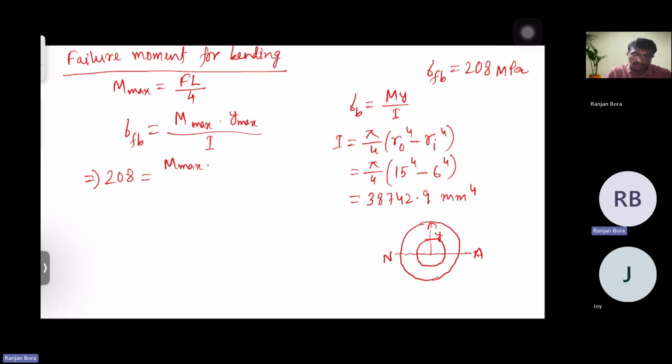So y max is R naught divided by 38742.9. Now if we solve this, we will get M max, the maximum bending moment, because the question is asking for failure moments for bending and torsion.